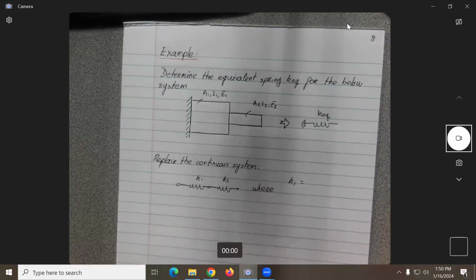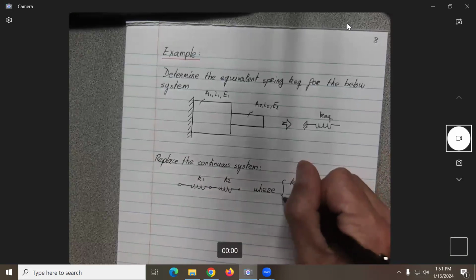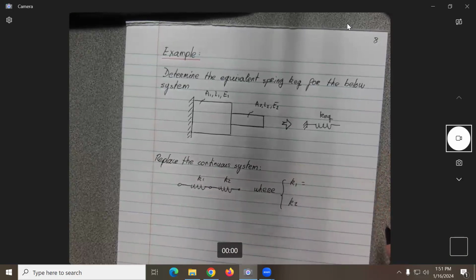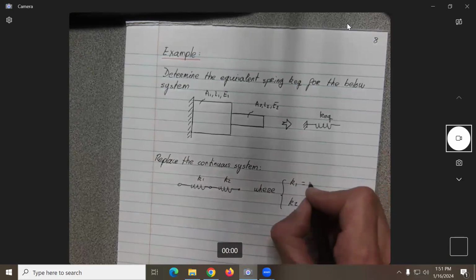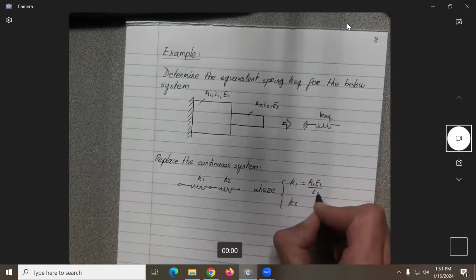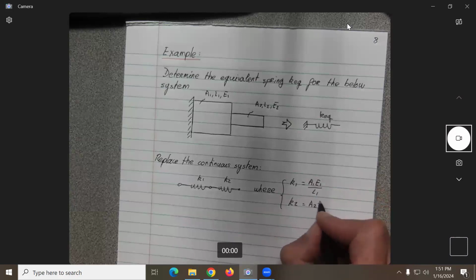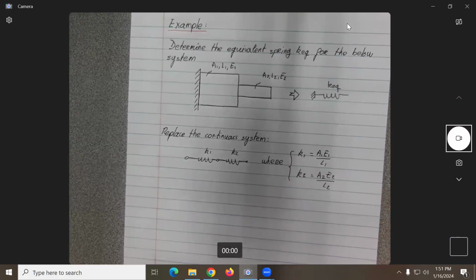On axial deformation. This is basically moving on the axial deformation. So what should it be? Look back. It's not on the screen. What is it? So it will be A1, E1 over L1, and the second one will be A2, E2 over L2. All right?